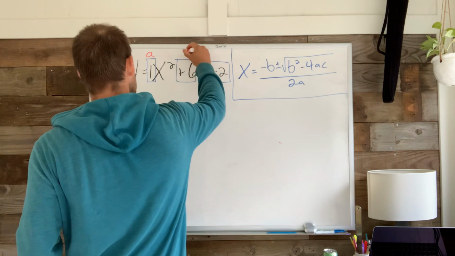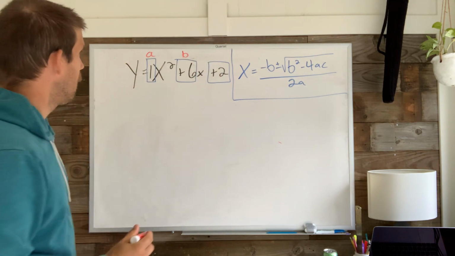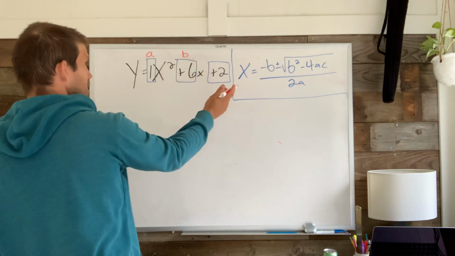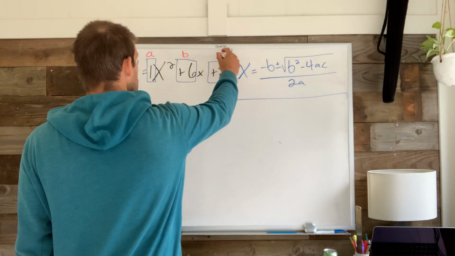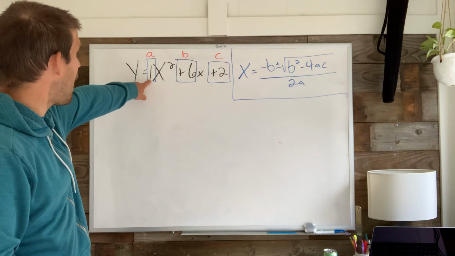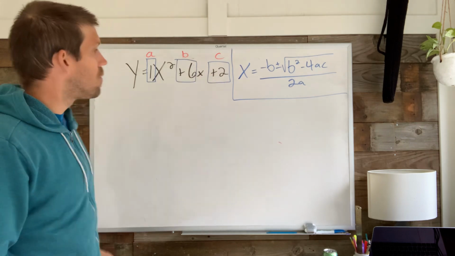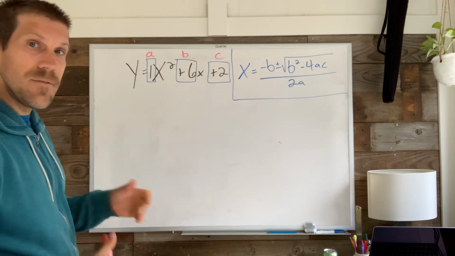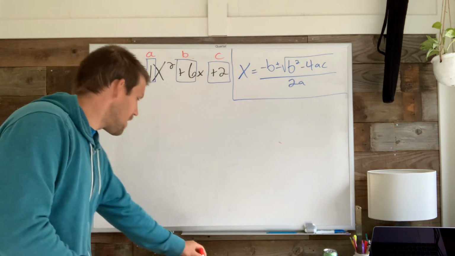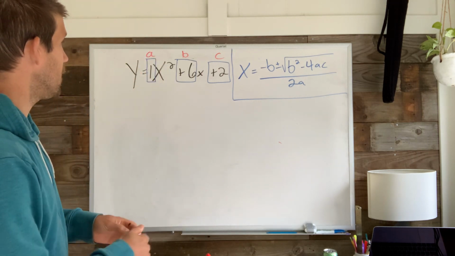B is the second position, and C is the third position here. So we have a value of 1 for A, 6 for B, and 2 for C. So now we've sorted out what A, B, and C are when we do this formula. So let's begin to solve.